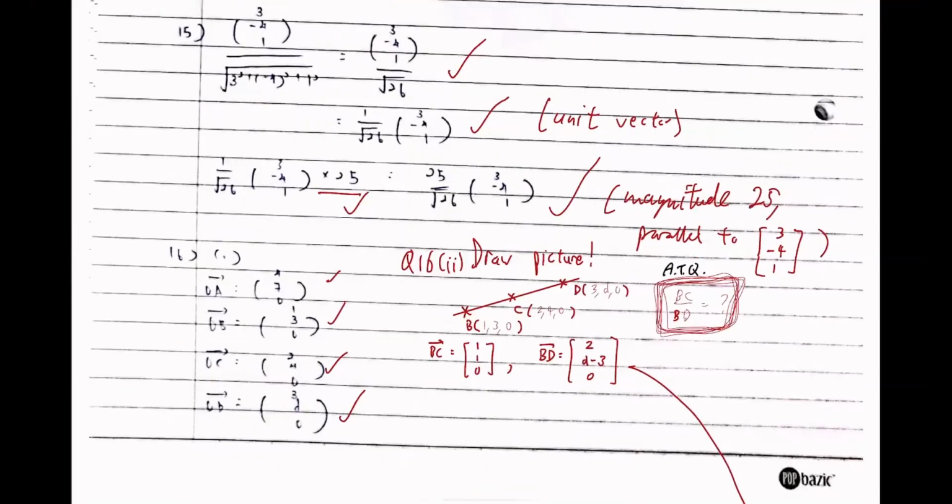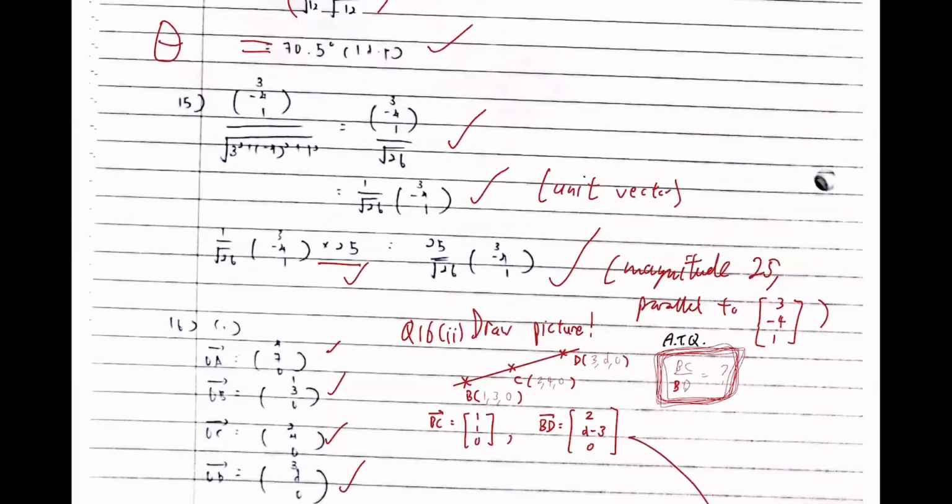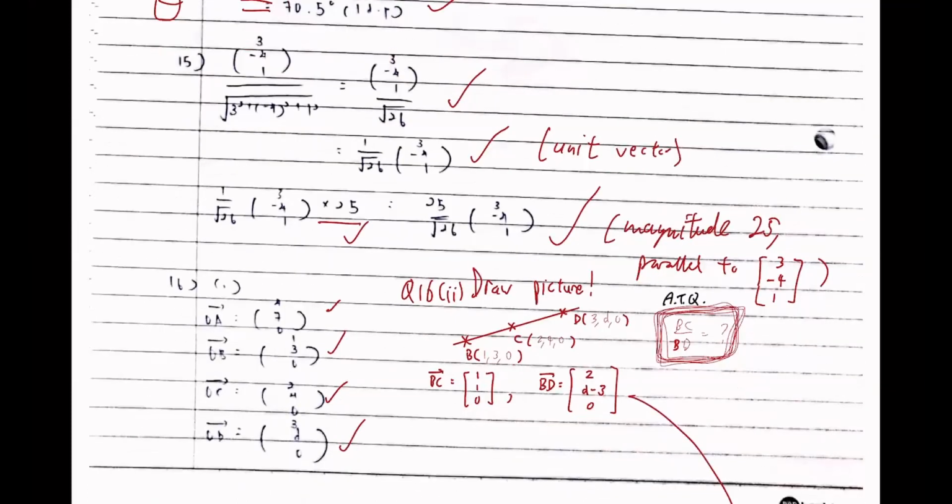Let's see. Question 15. Vector VB is not equal to 0. Only write down equals to 0 after taking the dot product. And also your cosine inverse notation. I think that comment was meant for question 14. Question 15, there's nothing much to it. You got it right. I'm going to skip question 15.